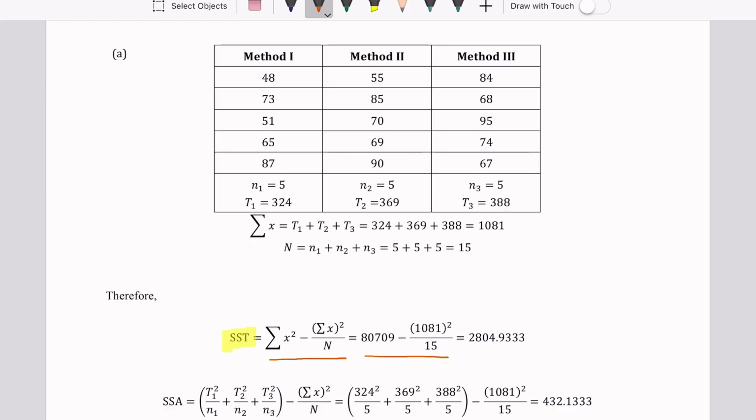Summation x squared is 8709 minus summation x, which is 1081 square, divided by sample size. The total sample size is 15 and total sum of square is given by 2804.9333.